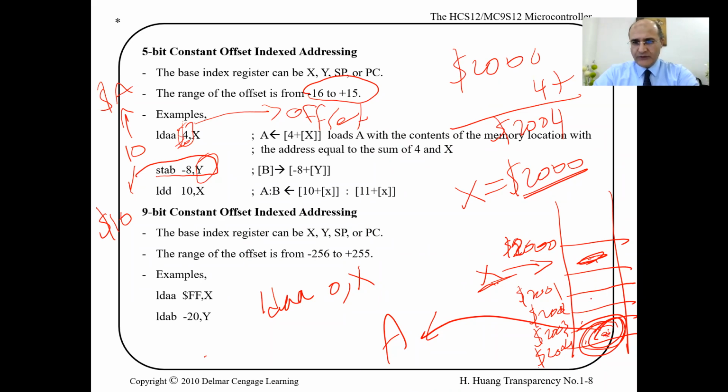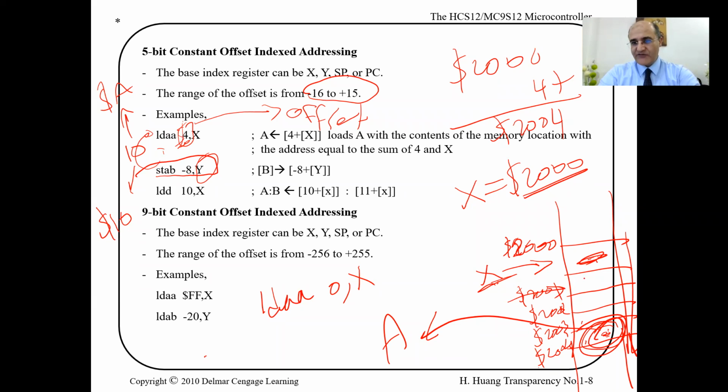What could be behind that? How can we benefit from that? If we are working with a table somehow, or if you want to do something repeatedly, and keep doing the thing over and over again 100 times for the next 100 locations, for example. So you can have an instruction to load, then you increment X. Next time you come back to the load, X will be pointing one location forward, right?